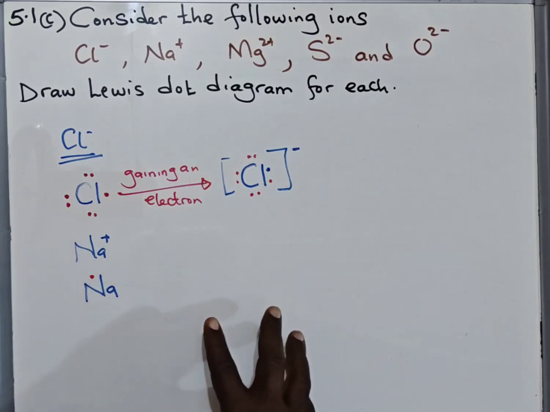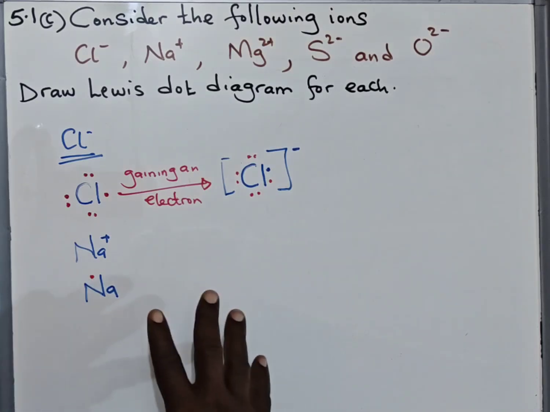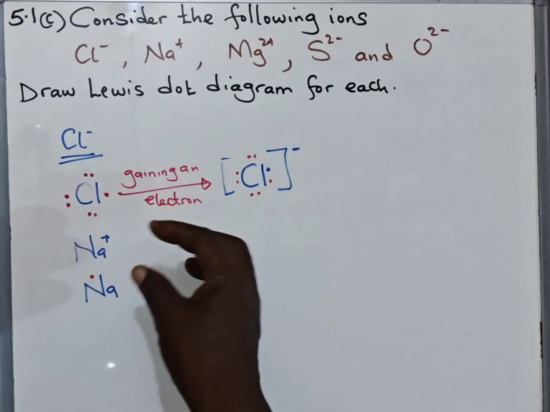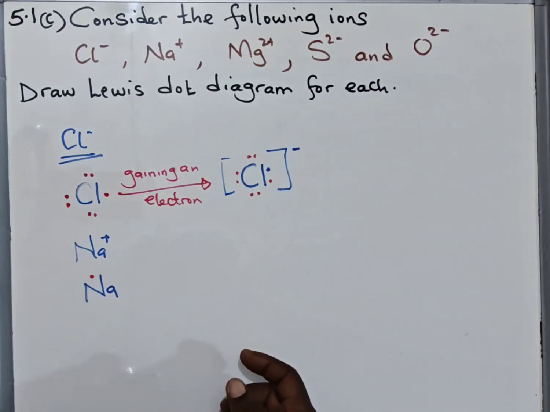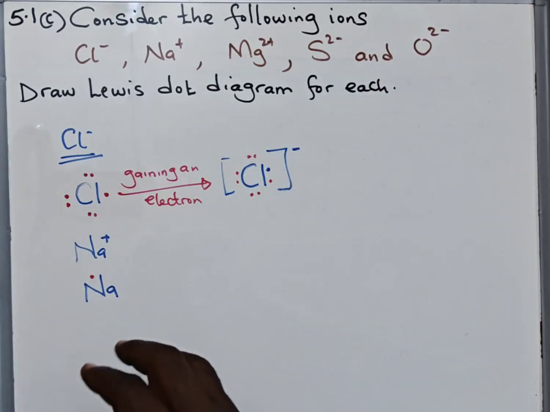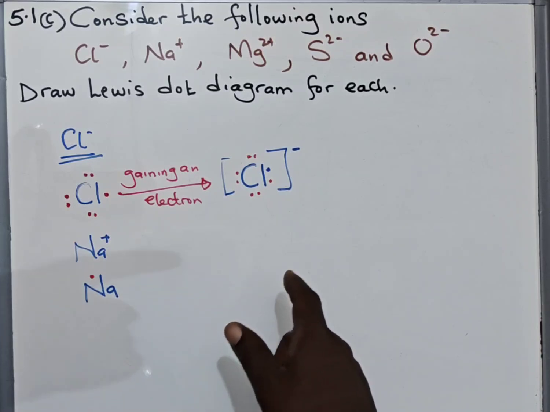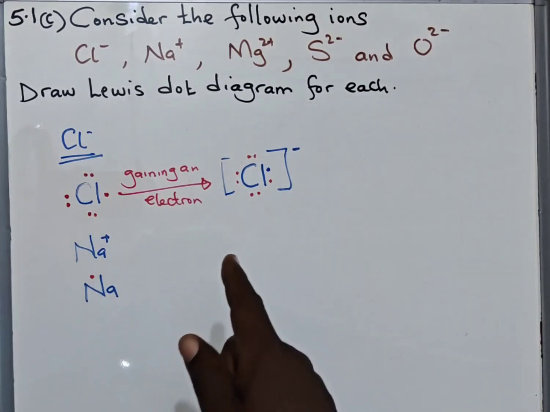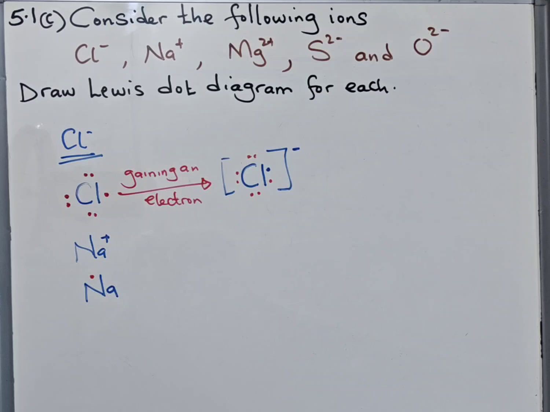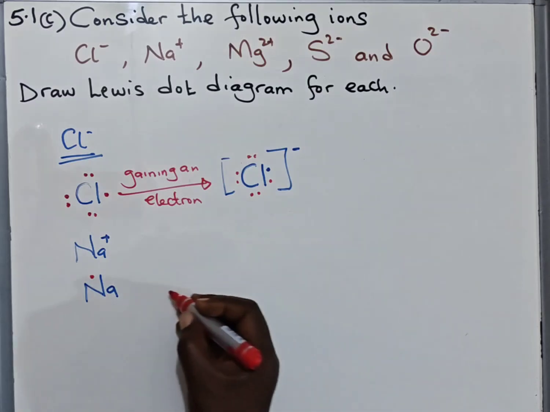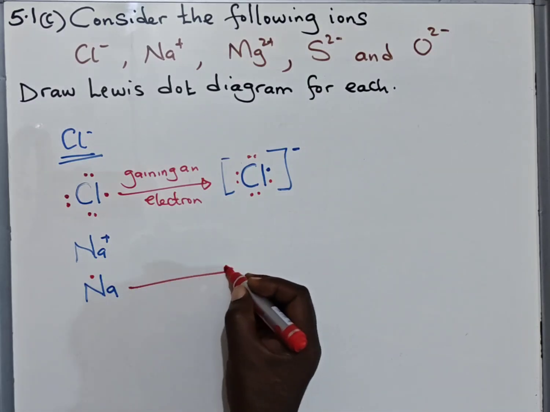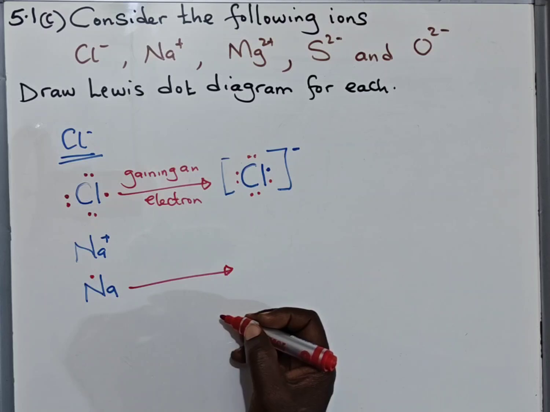Both, it does it to attain stability. So there are two choices, either gaining 7 or loss of 1. It's very clear here that loss of 1 electron is easier than gaining of 7 electrons. So the alternative that this has is to lose that electron.